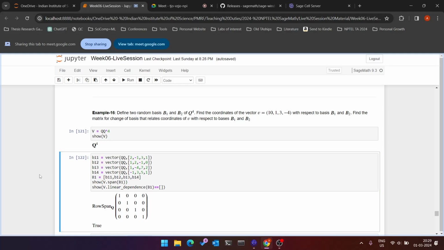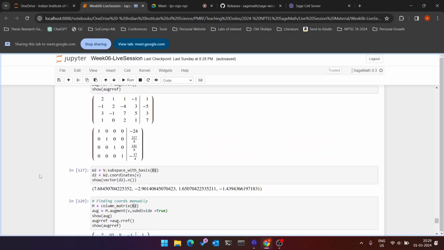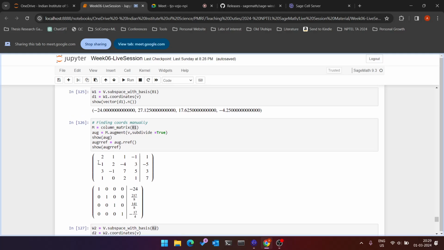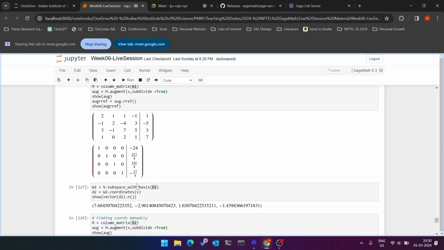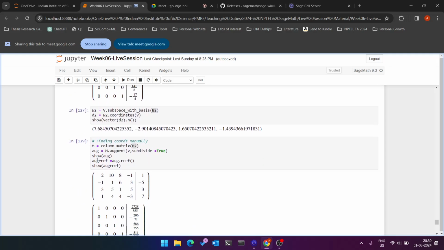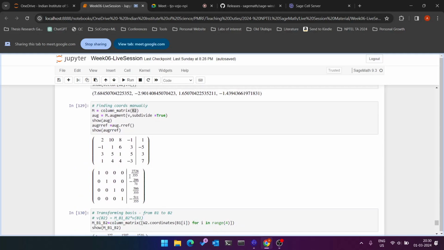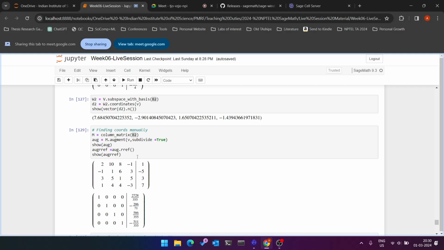Hopefully the key logic is clear: we'll be looking at basis B1, all those four columns, through the lens of basis B2 and calculating their respective coordinates.